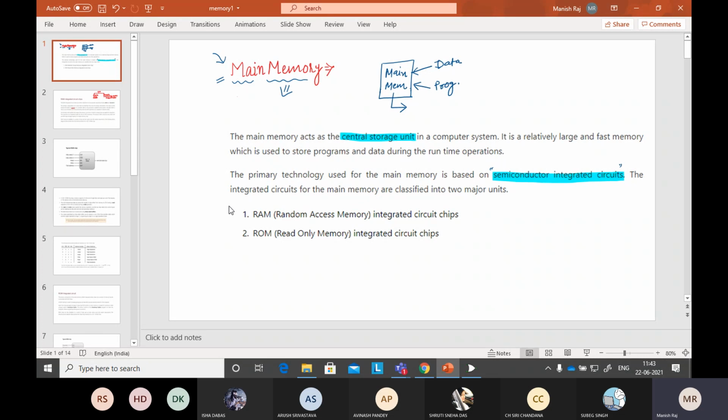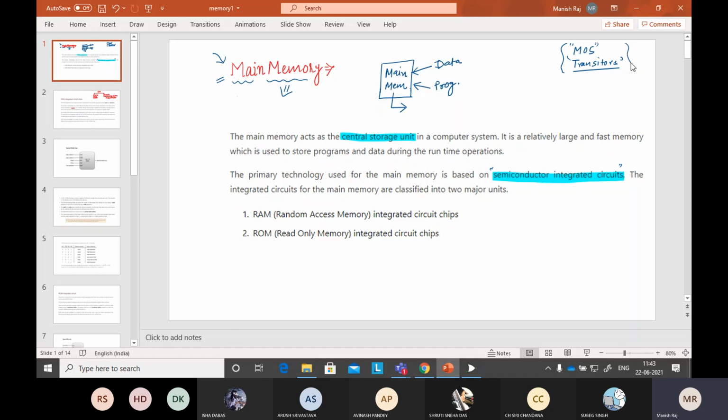How many types of these integrated circuits are used? Semiconductor integrated circuits use some transistors, which may be MOS transistors.